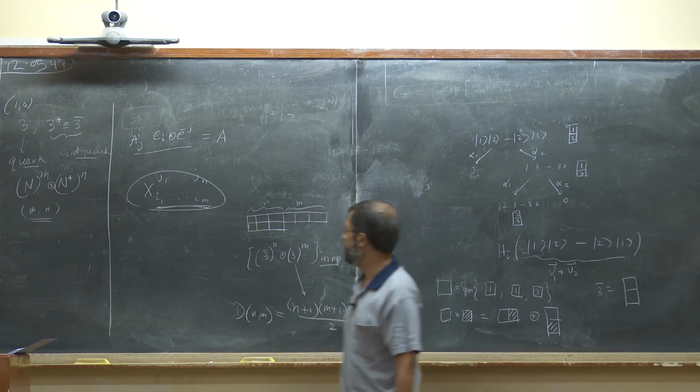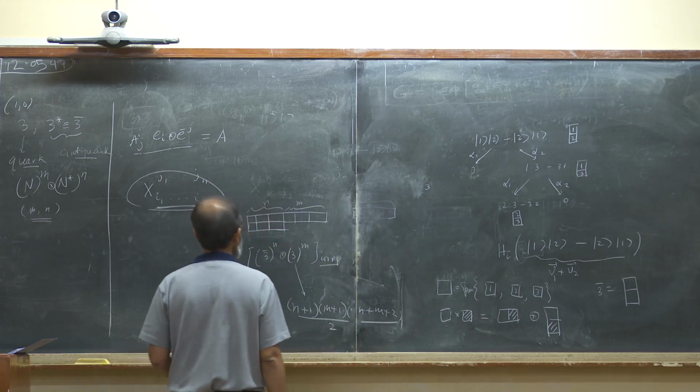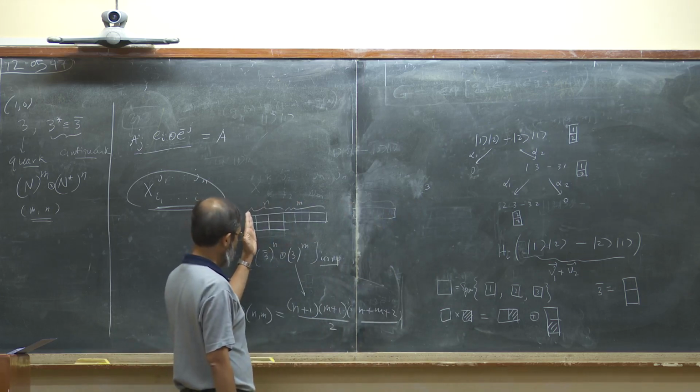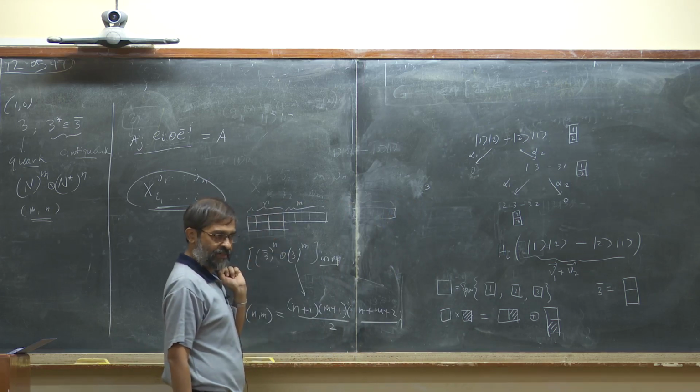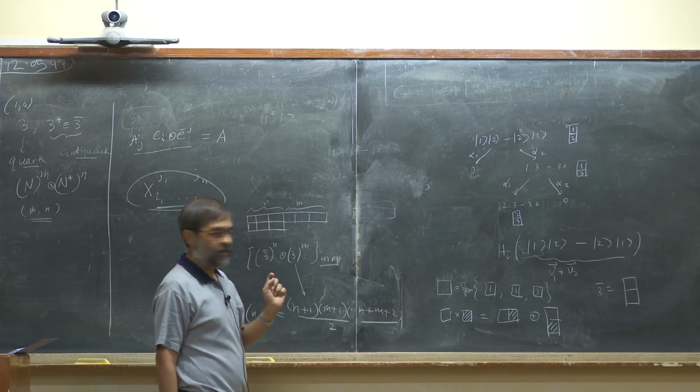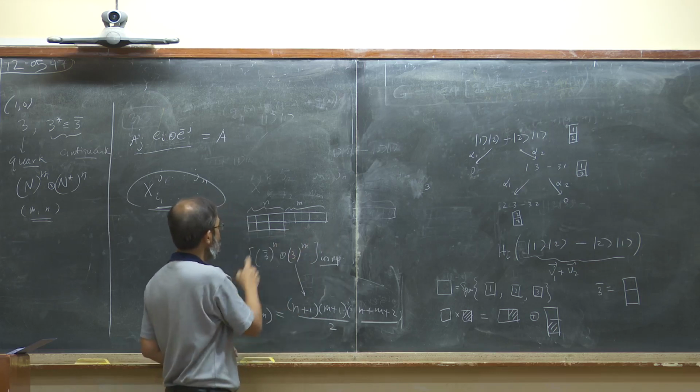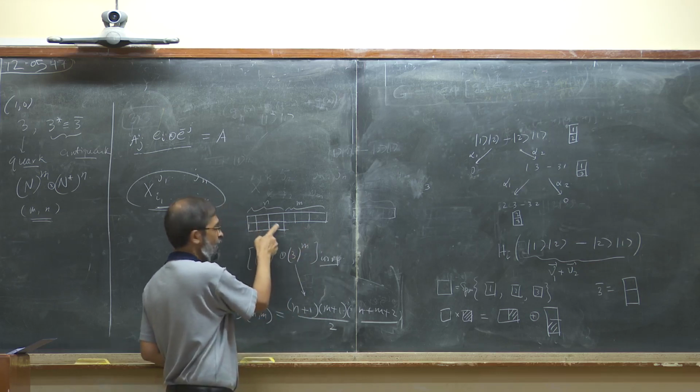The rule that came out while writing the highest weight state was the following: it was all ones here, and it was 1 2 1 2 1 2 like that.